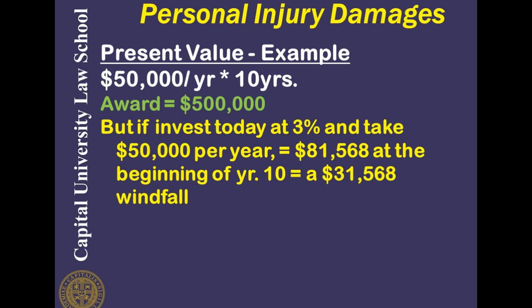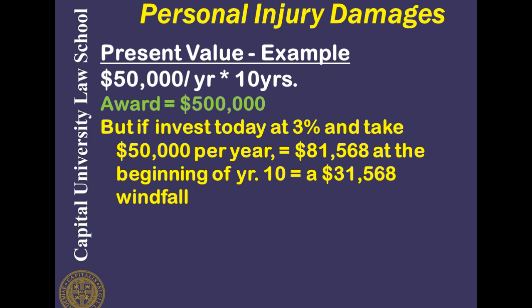If the plaintiff takes that $500,000 and invests it at 3% and takes $50,000 per year, they will end up with $81,568 at the beginning of year 10. And remember, they only should get $50,000 a year at the beginning of year 10.